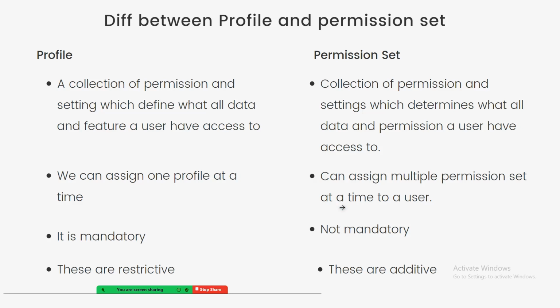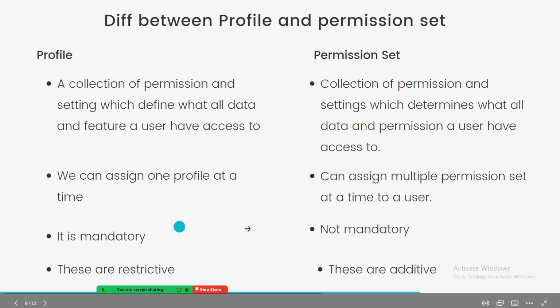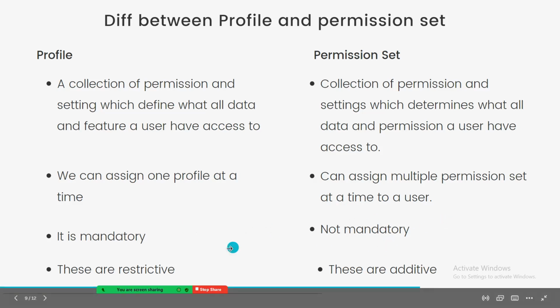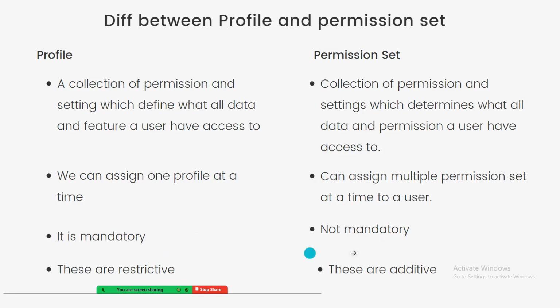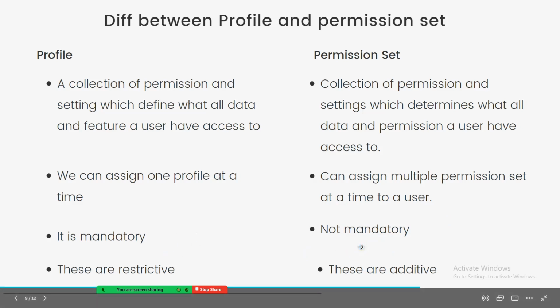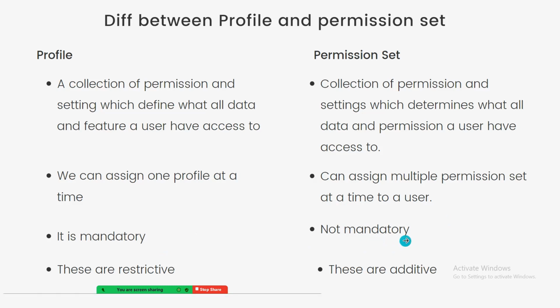If you want, you can increase the permissions of profiles, but you cannot use a permission set to decrease them. You cannot restrict your profile's permissions with a permission set. You can only add to it, like I have discussed earlier with the examples: if you only have create and read permission and you want edit and delete permission, you can do it with the help of permission sets.